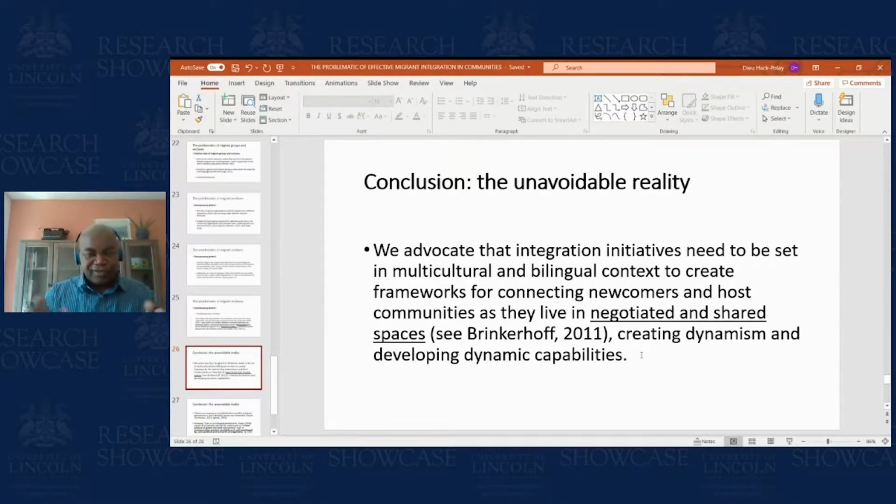And that in turn, our evidence found, and Brinkerhoff also found a few years before our research, is that if we set the integration framework in this way, then we're creating more dynamic societies, because people can utilize the social capital, the cultural capital, and bring in what we call dynamic capabilities to support our communities and make them more vibrant communities.